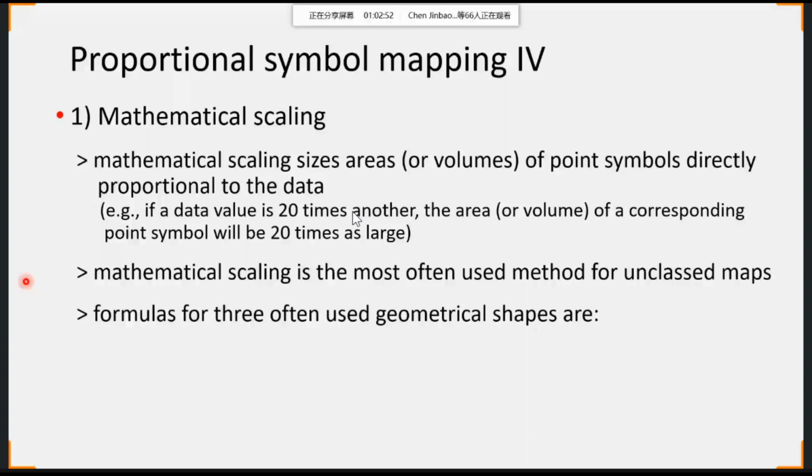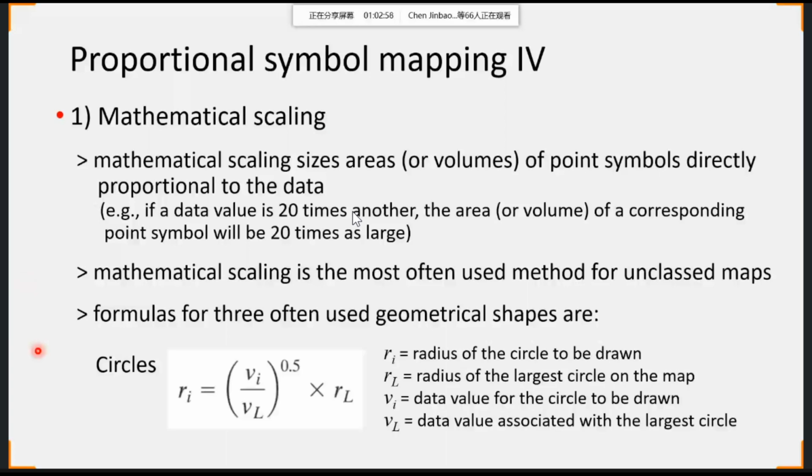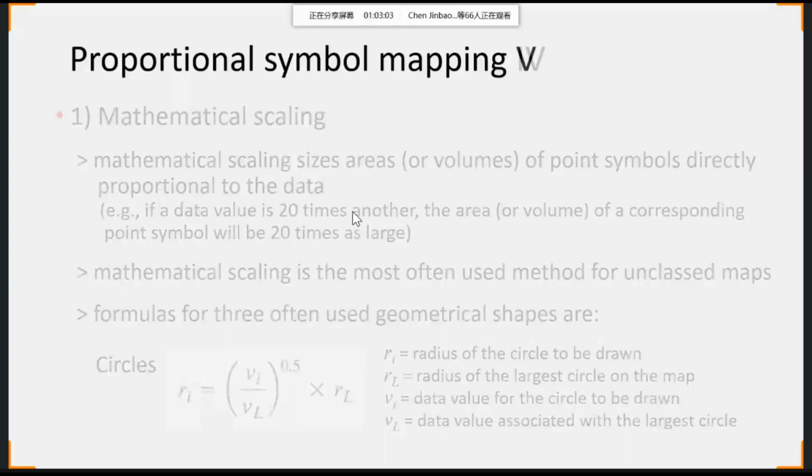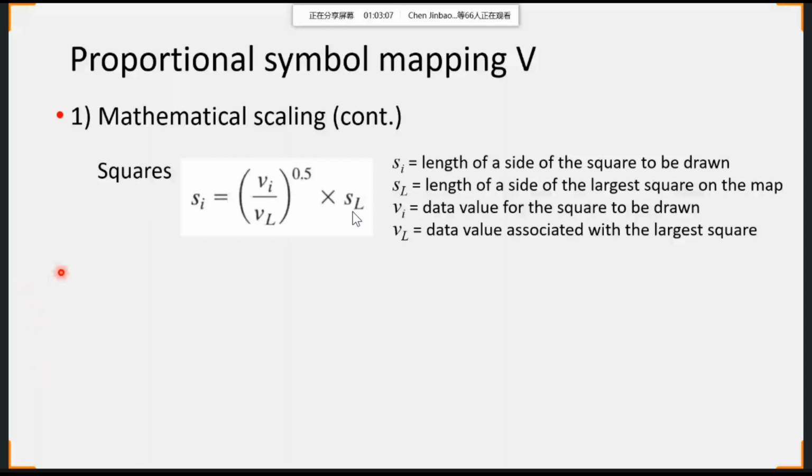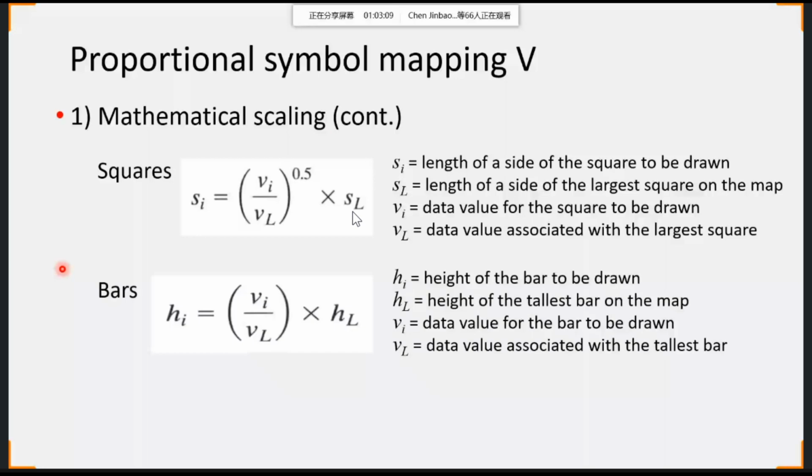Formulas for three often used geometrical shapes are as follows. This one is the formula for circles. This one is the formula for squares. And this one is the formula for bars.